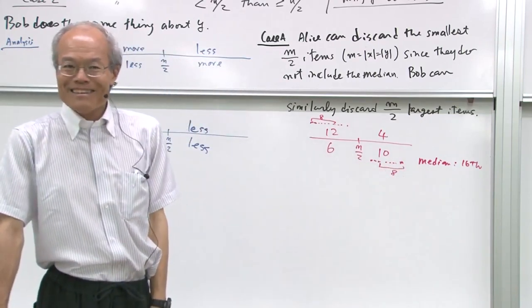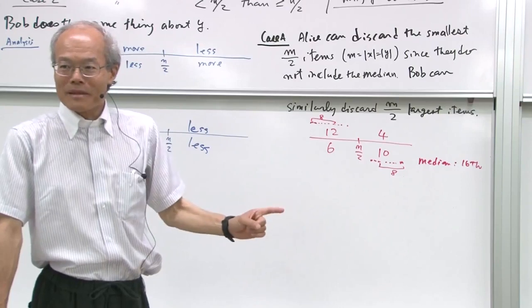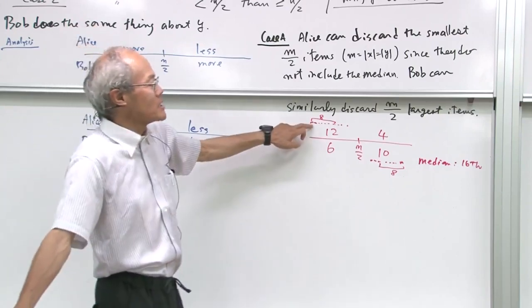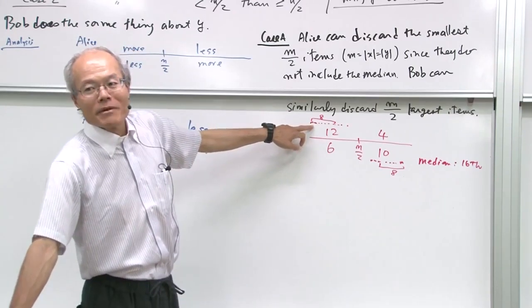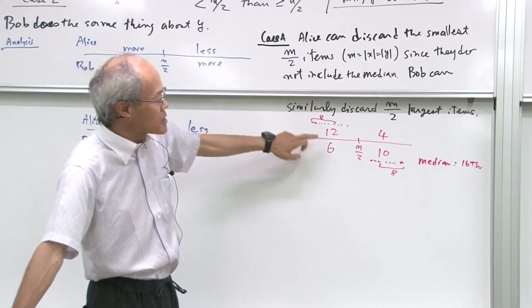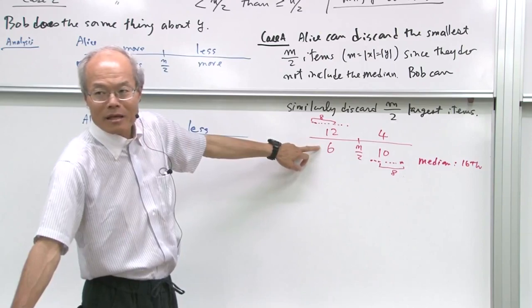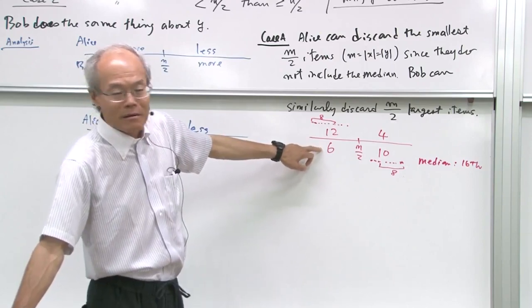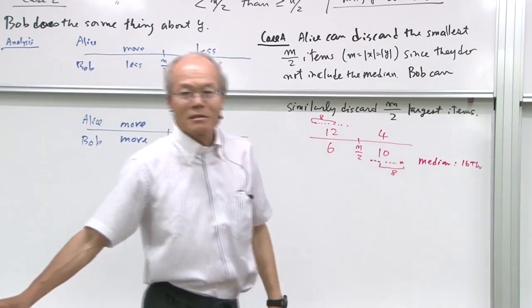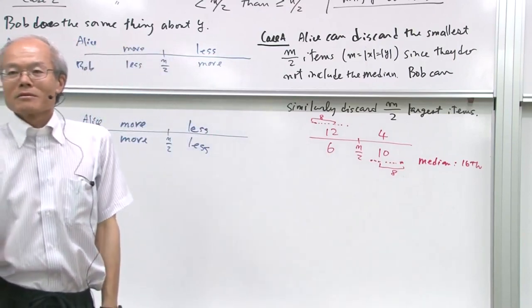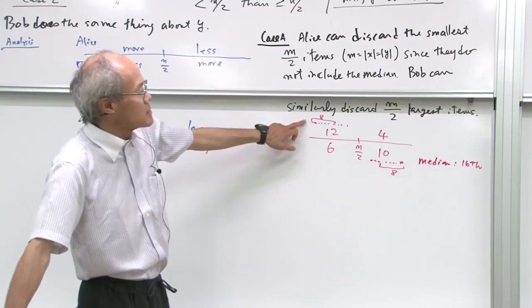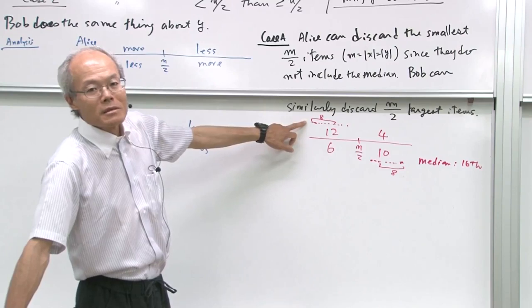Right? Once again, suppose that there's a median in these 8 numbers. Then the number of items at most median is at most 8 plus 6, which is 14. That is a contradiction, because the median is the 16th largest. So that's why we can safely discard these 8 numbers.